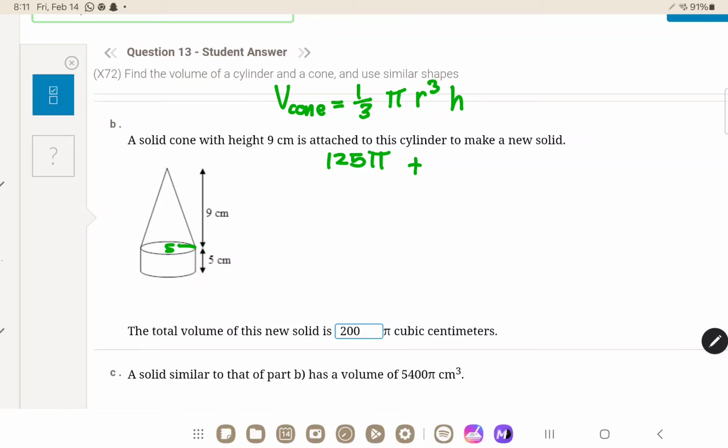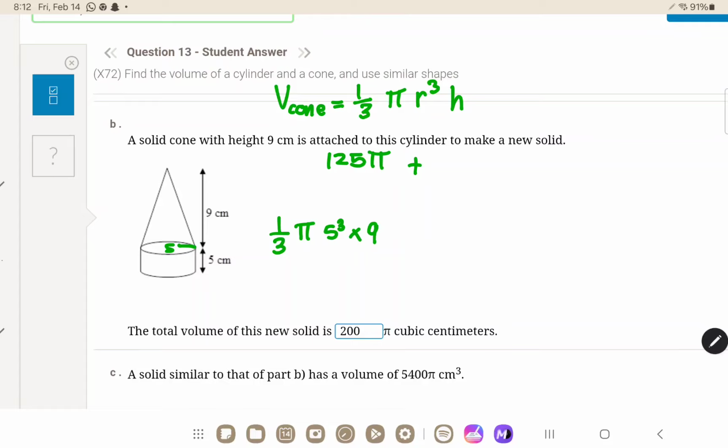Now a third pi r cubed, which is 5 cubed, times height, which is 9. Okay, so now let's put it in our calculators. A third times 5 cubed times 9.